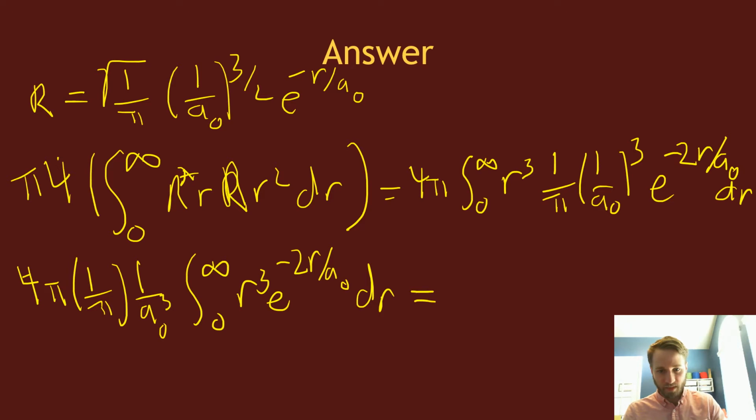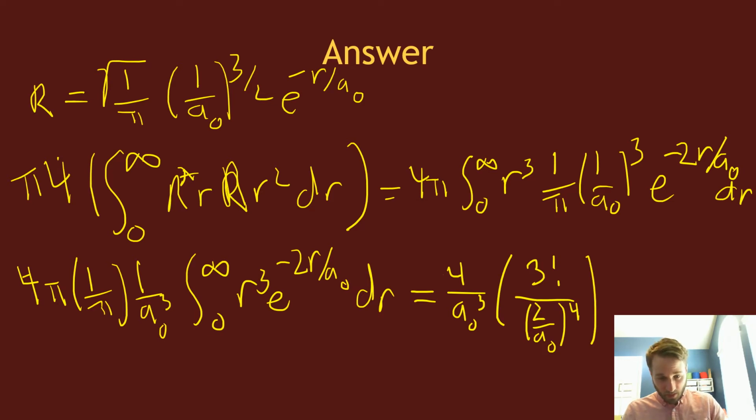This then simplifies using that integral that was given at the beginning of the problem, of 4 over a naught cubed, and then times 3 factorial over 2 over a naught to the fourth. And so that simplifies down more.